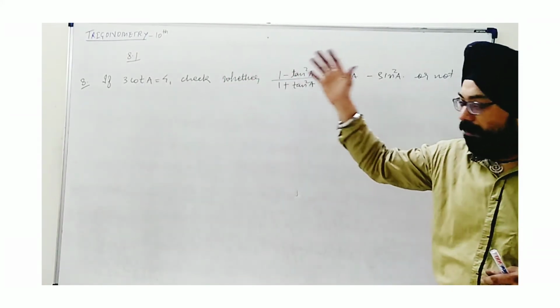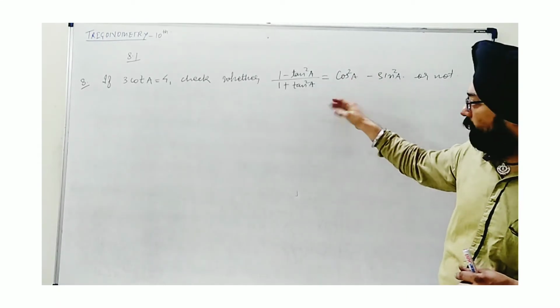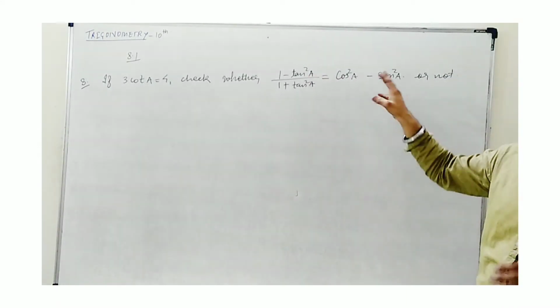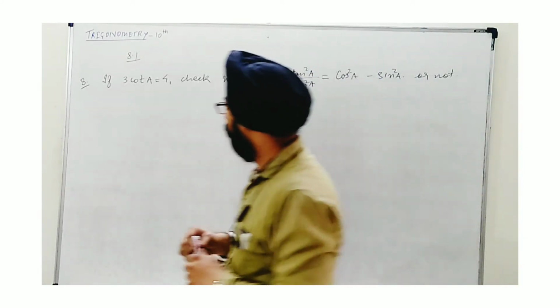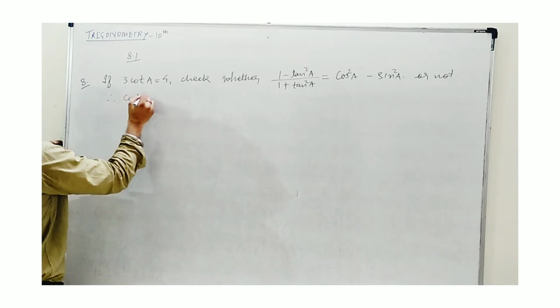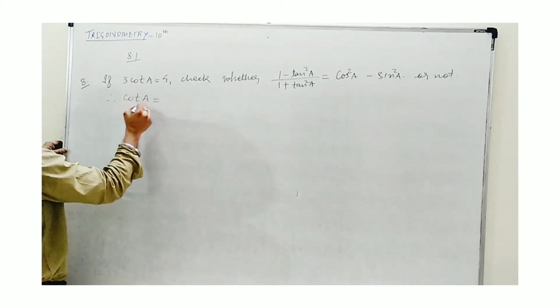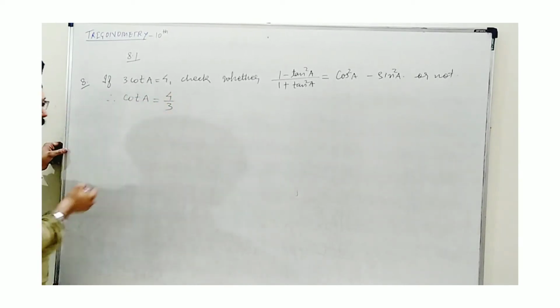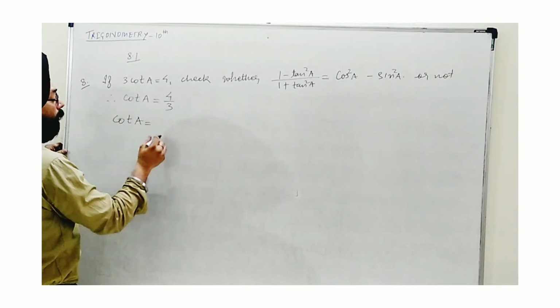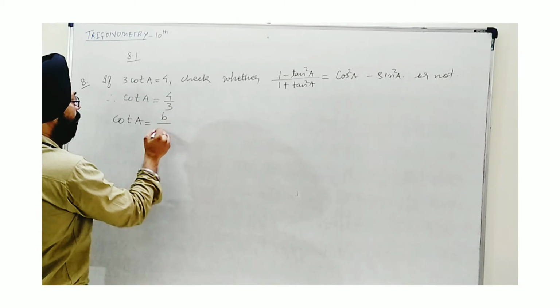Okay, from there we will find the required ratios. In LHS we require tan A. In RHS you can see cos A and sin A are required. So only 3 ratios we will obtain. So as we are given cot A as 4, we can write 3 cot A as 4, we can write cot A equal to 4 by 3 first of all. But we know that cot A is equal to base upon perpendicular.